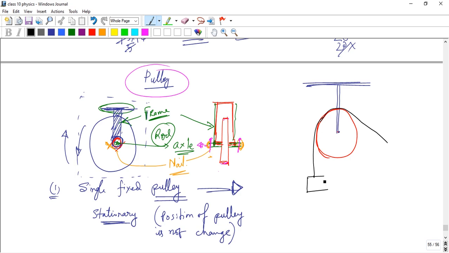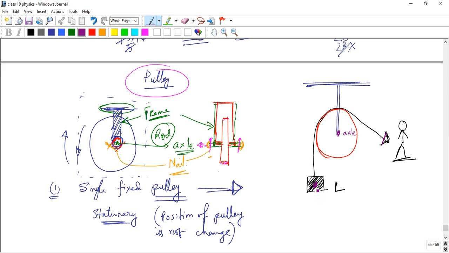One end of the rope has a load hanging, and at the other end of that rope someone pulls in that direction. We know there is an axle here.